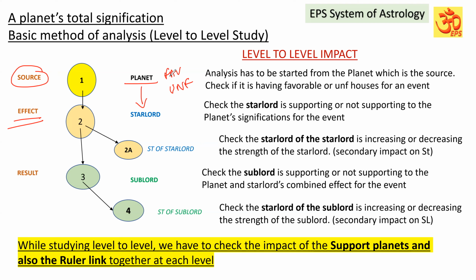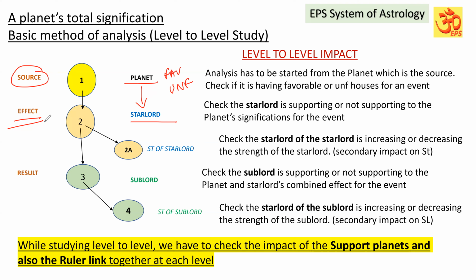These planets' significations are going to experience the star lord's significations. So check whether the star lord is supporting the favorable or unfavorable houses of the planet. That way, we see whether the planet's significations are further supported by the star lord or not.